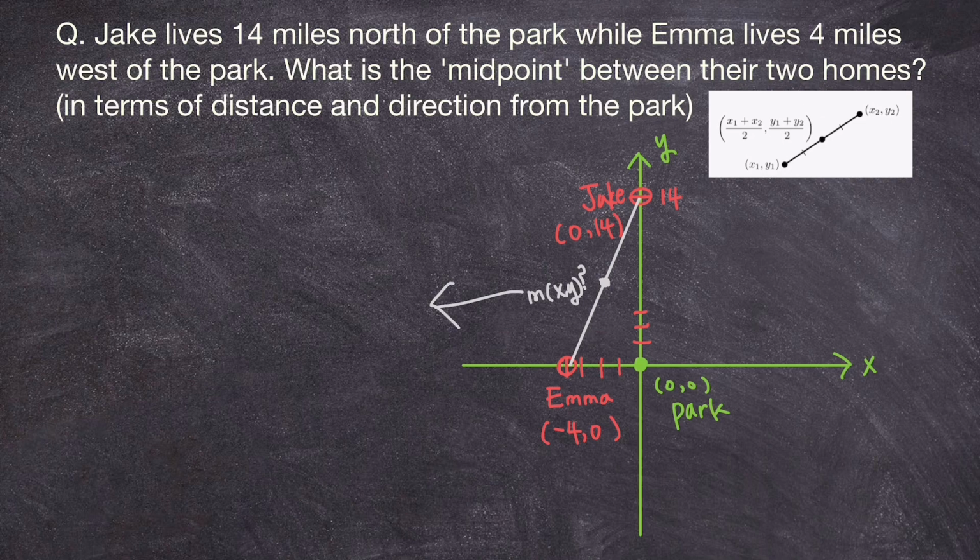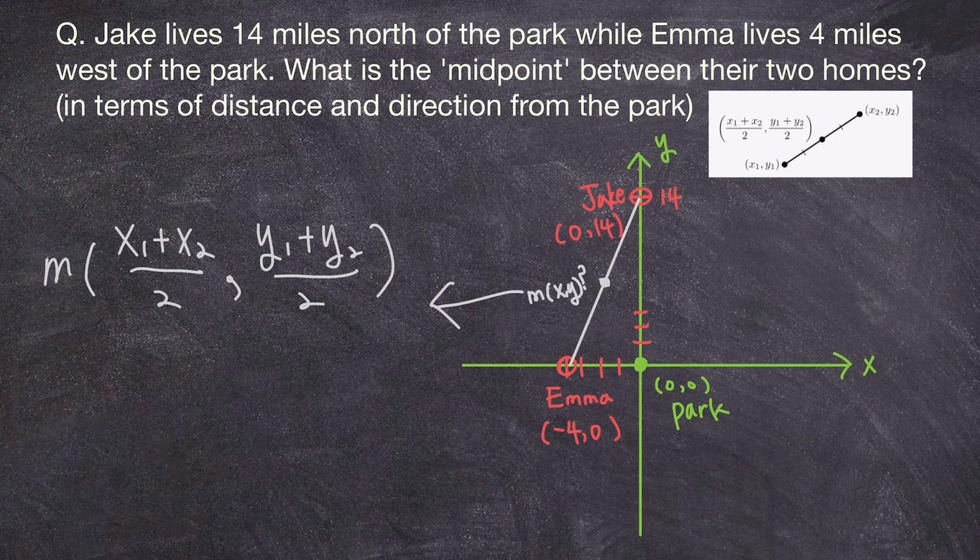So the midpoint formula states that the midpoint is at (x1 plus x2) divided by 2, comma, (y1 plus y2) divided by 2. So let's decide which is going to be x1, which is going to be y1.